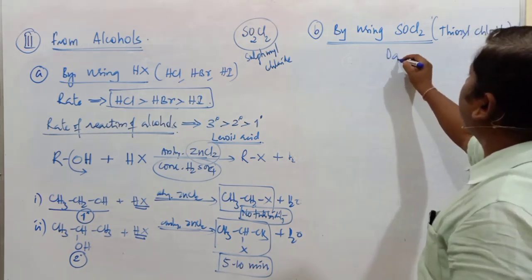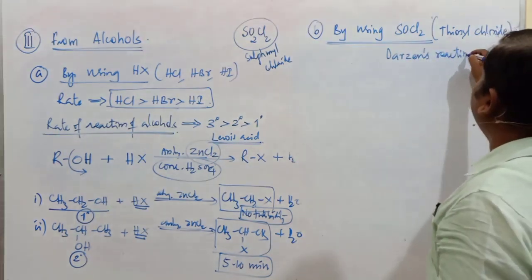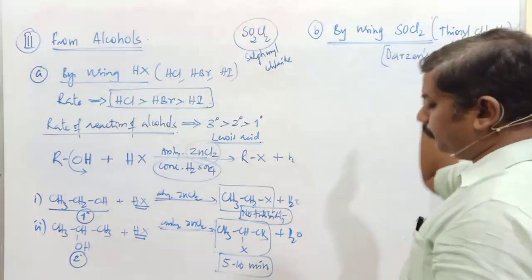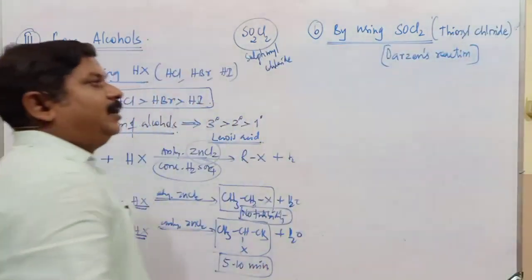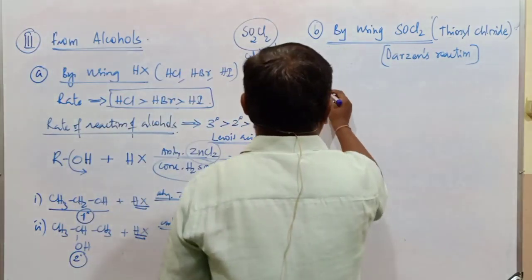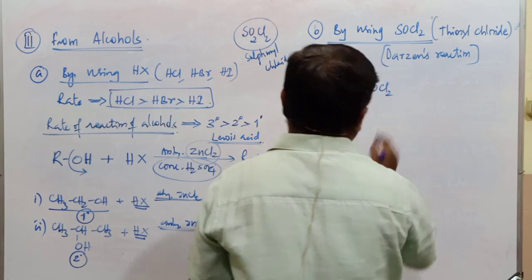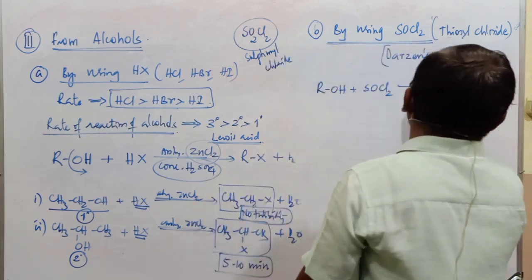And this particular reaction is commonly known as Darzens' reaction. Most important reaction, especially for boards. In this reaction, an alcohol ROH plus SOCl2, thionyl chloride, in presence of pyridine.